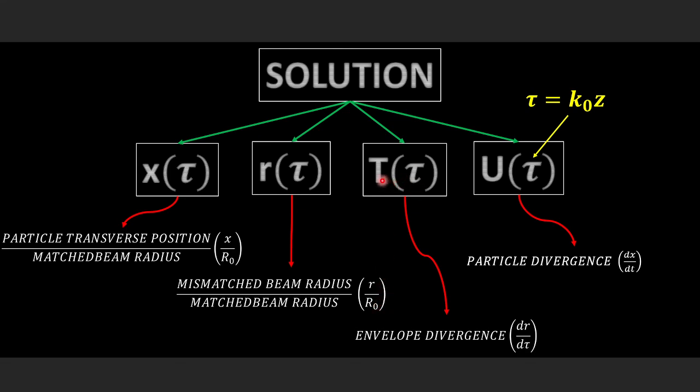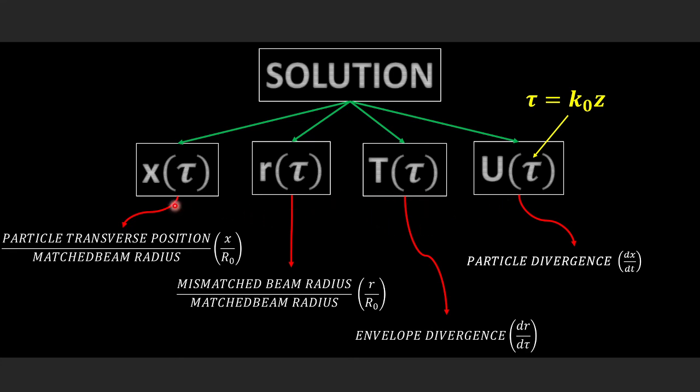Then the next thing, if you remember, we defined T as dR/dτ, that's the divergence of this mismatched beam envelope, and U is basically the particle divergence with respect to the propagation direction. Here tau is k naught z. So you can see that we have the particle position, the envelope radius, the divergence of the mismatched envelope, and the divergence of the particle.